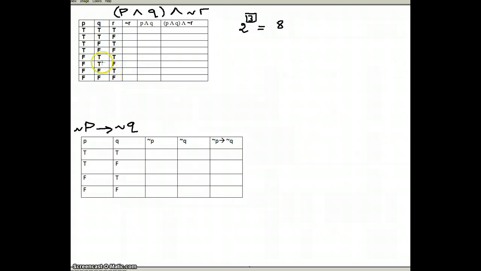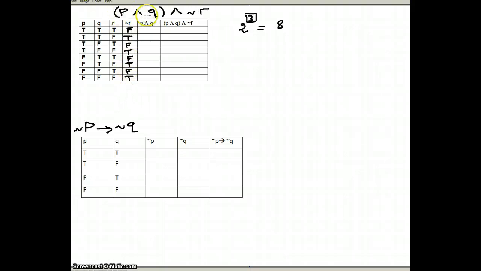Since we are done with P, Q, and R, we start looking at the compound statement. I notice I have a not R, so let me take care of that. Not R would be exactly the opposite of R. So here I have false, true, false, true, false, true, false, and true.